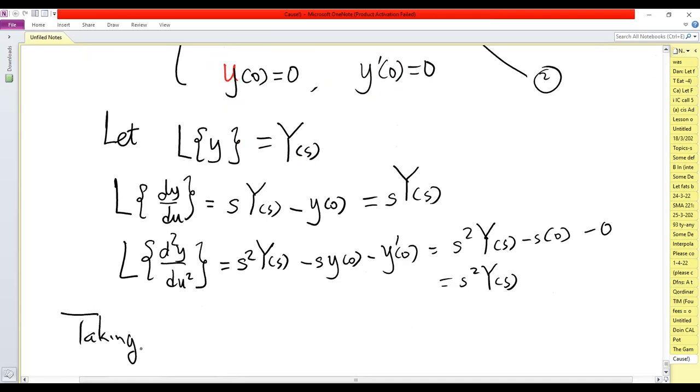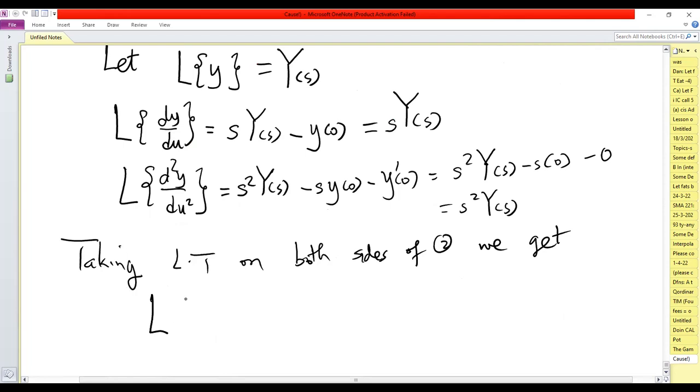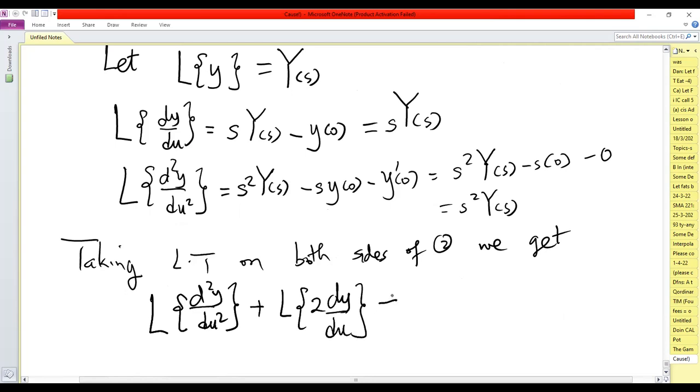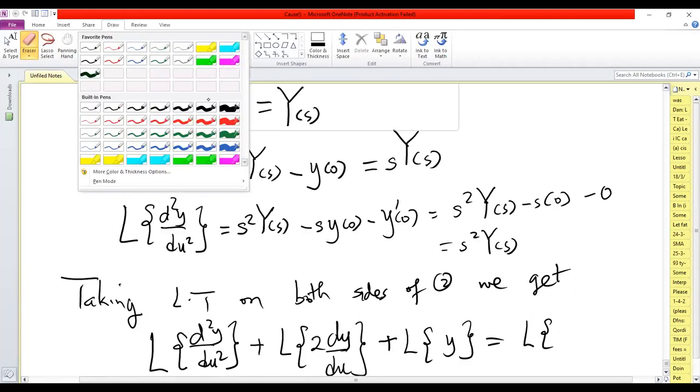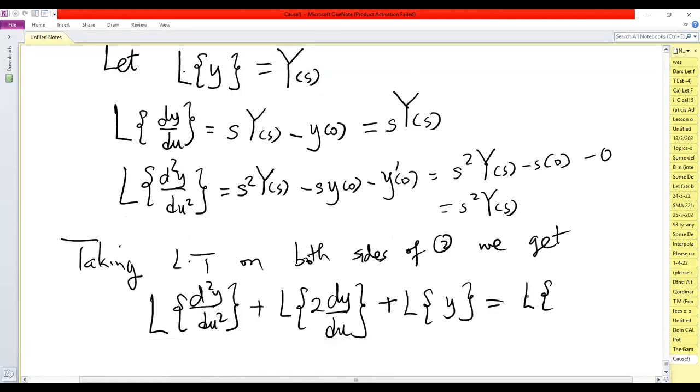taking the Laplace transform on both sides of 2, we get the Laplace transform of the second derivative of y with respect to u, plus the Laplace transform of 2 dy du, plus the Laplace transform of y, equals the Laplace transform of t, which is the Laplace transform of u plus 1.